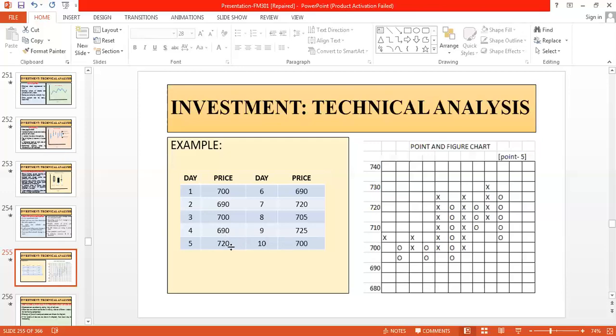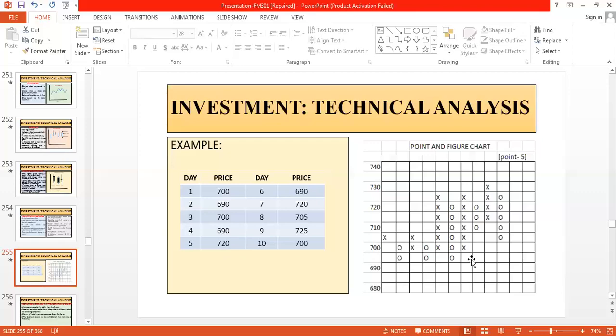On the next day, from 720 to 690 means a 30 rupee decrease. A 30 rupee decrease means actually 5 into 6 is equal to 30, so a six 5-point decrease. A six 5-point decrease means it will come down. 1, 2, 3, 4, 5, 6.